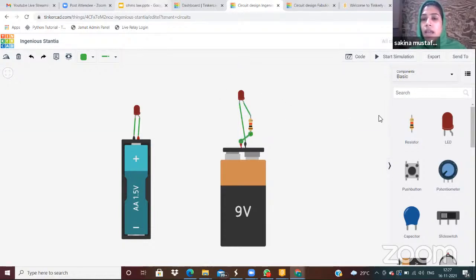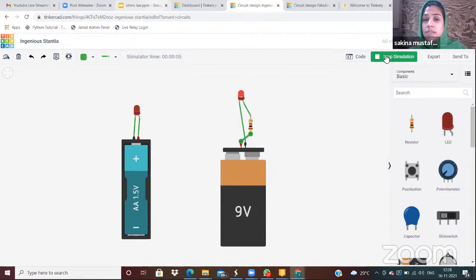Now we'll click on start simulation. Now we see that the LED is blinking perfectly fine.